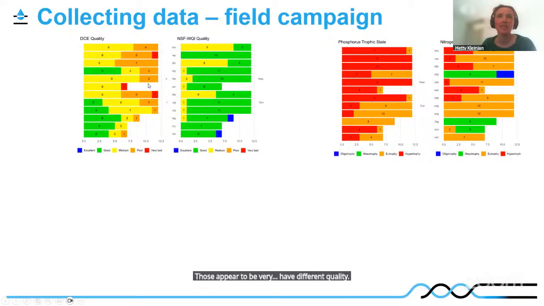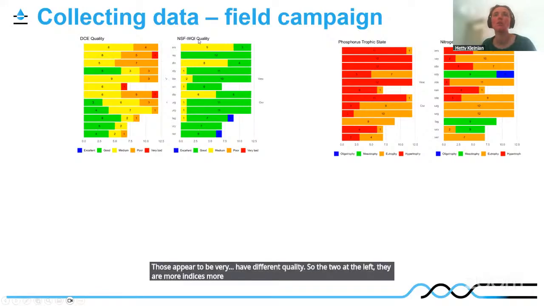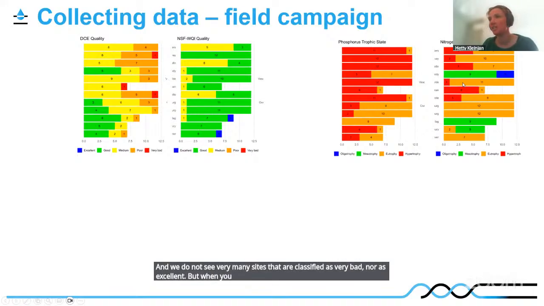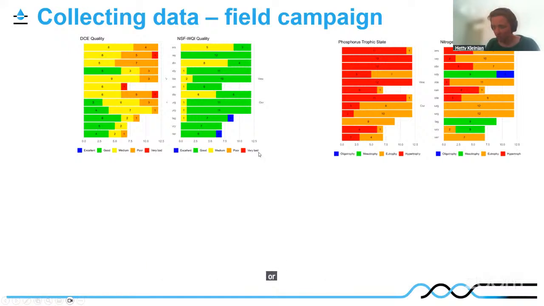The two at the left have indices calculated more on physical-chemical parameters, and we do not see very many sites that are classified as very bad nor as excellent. But when you look at the trophic state index, for example, we have many more sites that are classified as hypertrophic or eutrophic. So this is already one first observation that we made.